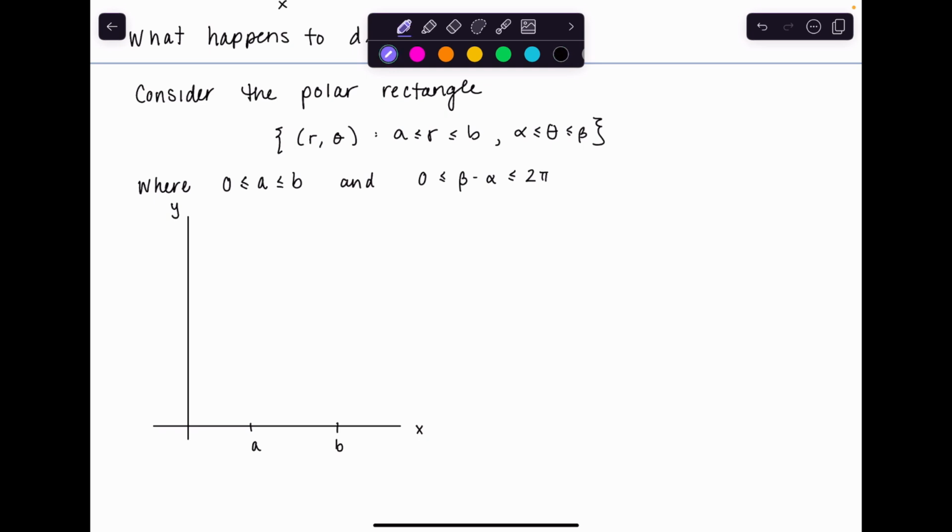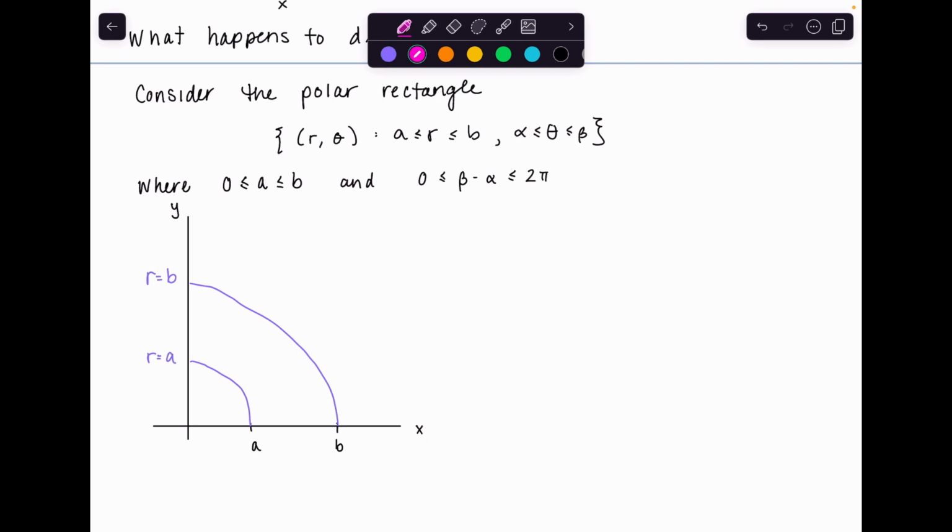And so if you think about r equaling a, that gives you a semicircle or a piece of a circle. R equals b is also corresponding to a circle. Okay. Not the prettiest, but that's okay. So here's r equals b, r equals a.